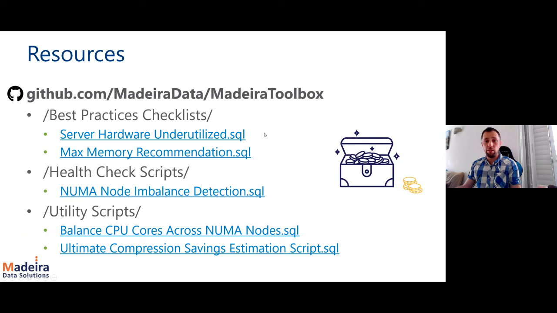It's a massive script. It checks a whole bunch of different things. And also a very useful script to detect candidate tables, indexes and partitions for compression. I call it the ultimate compression savings, and I strongly recommend using it.